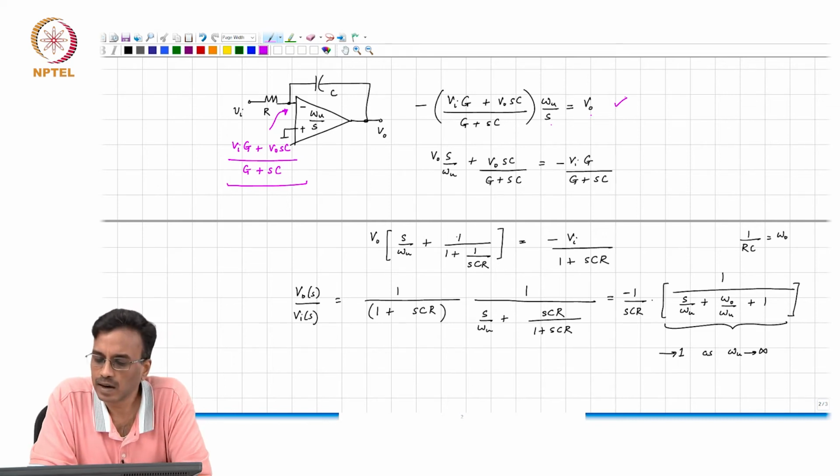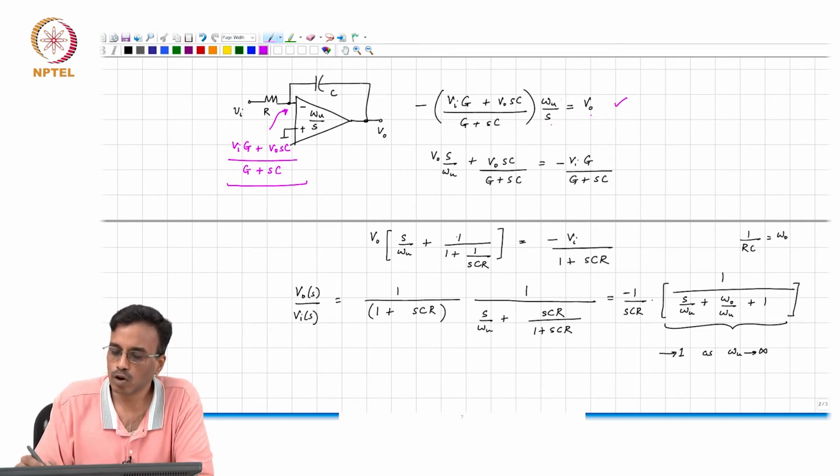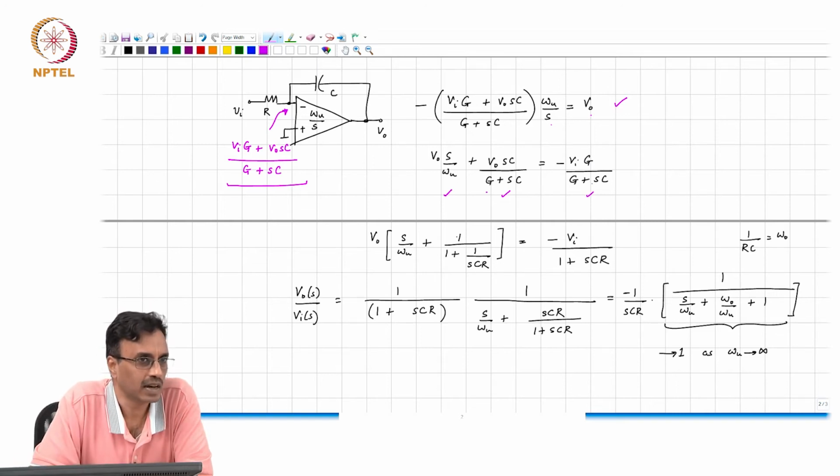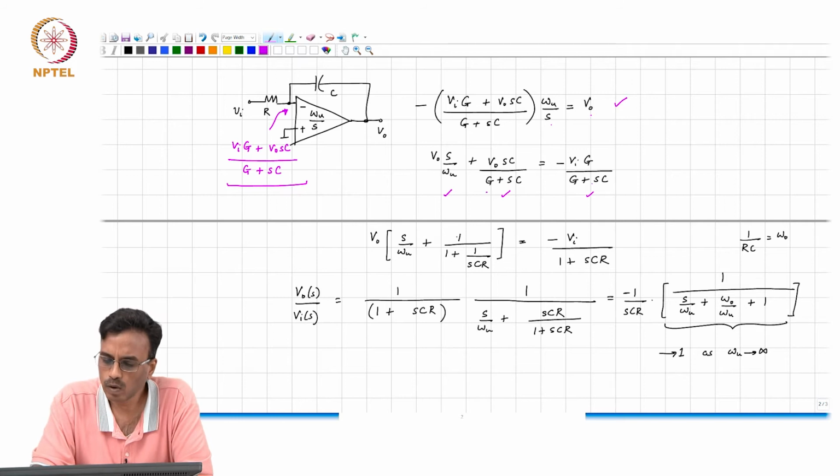Now I will simply take S over omega u to that side and then move the V naught times Sc by G plus Sc, which has a negative sign, to the right side, where it just becomes positive. This must be equal to minus Vi times G by G plus Sc. Is this correct?